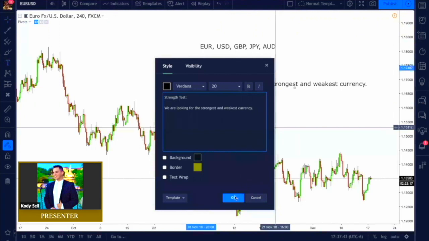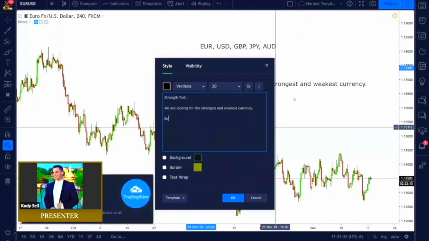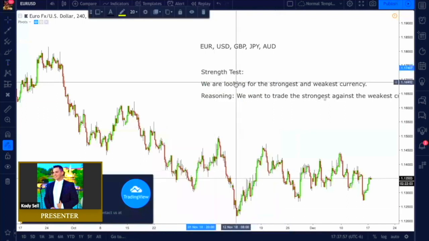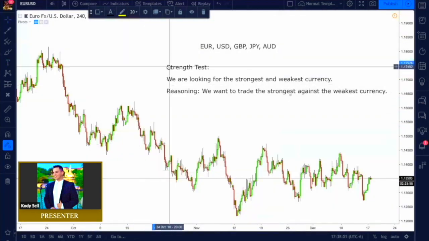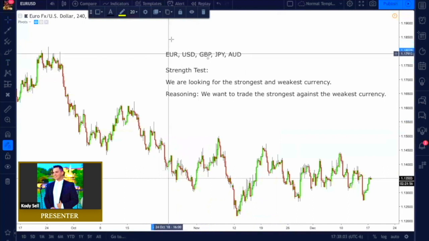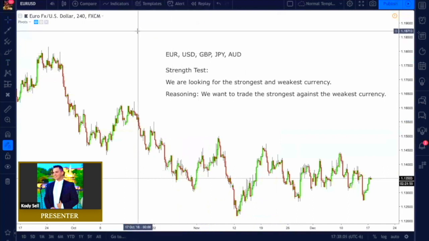The reasoning for that is we want to trade the strongest currency against the weakest currency. This is not necessarily what we want to do every single time, but as a fundamental understanding of what we're looking for, we want to pit the strongest currency against the weakest currency.